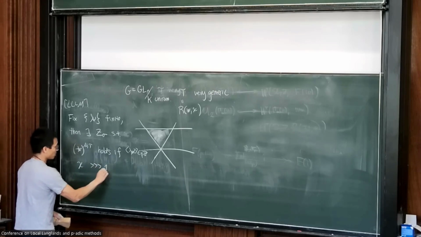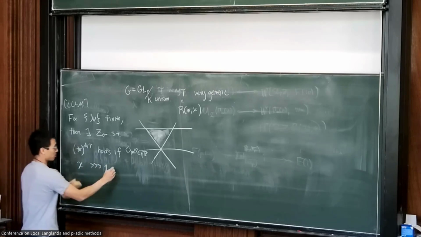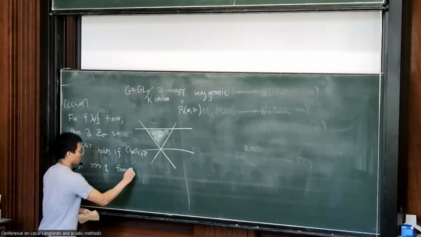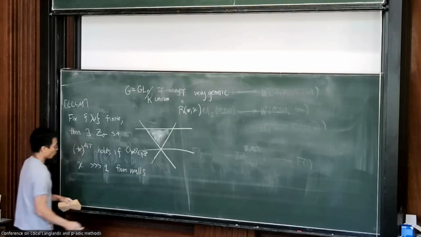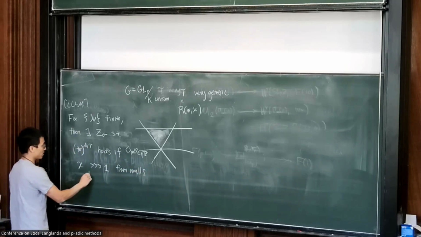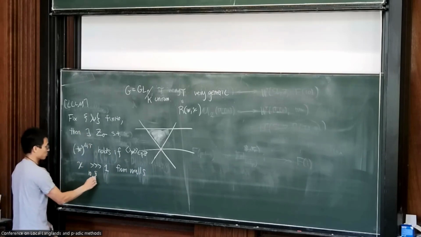So let's just say it's very far from the walls of this alcove, where very far depends on n, and it depends on the set of mu's.